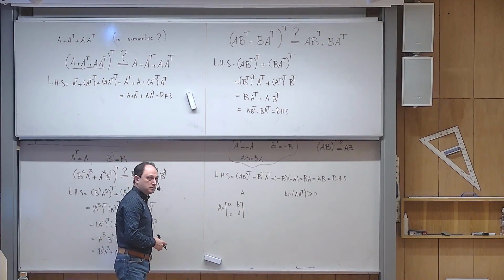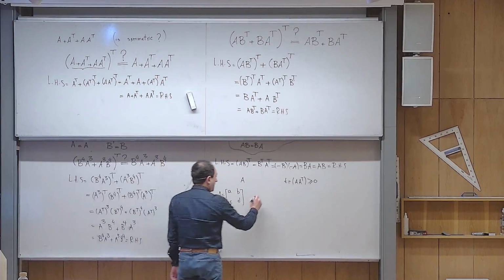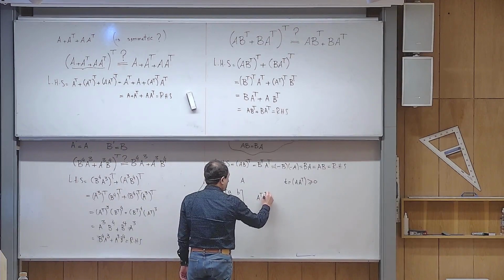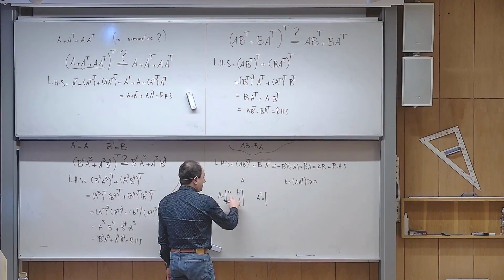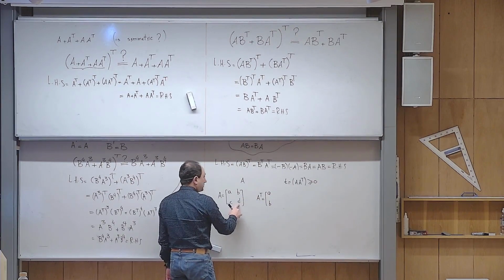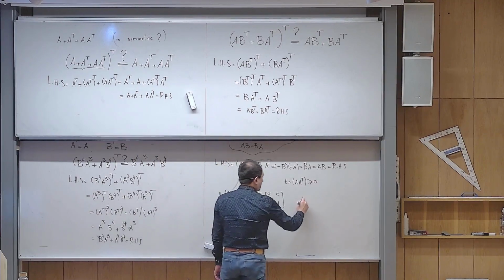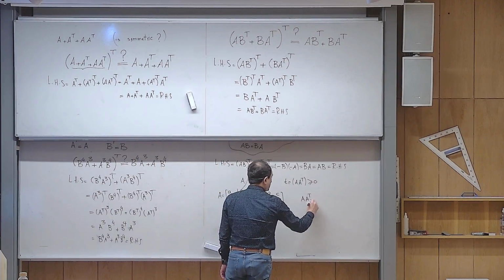And then let me calculate A transpose. A transpose means that I replace this as the first column and put this as the second column. And then, of course, I want to multiply them, A A transpose.